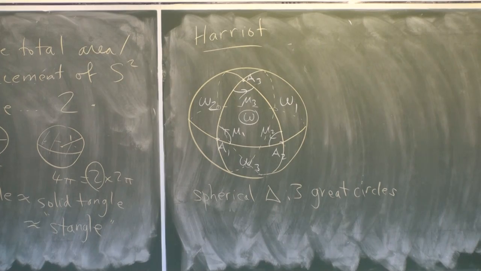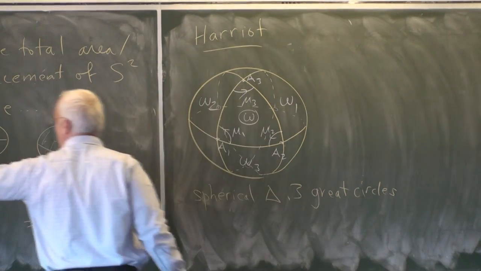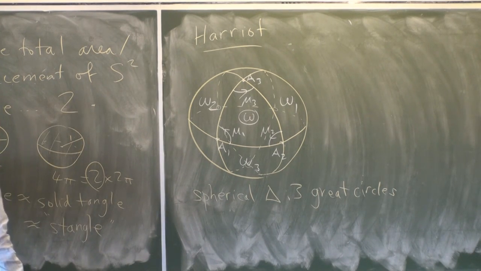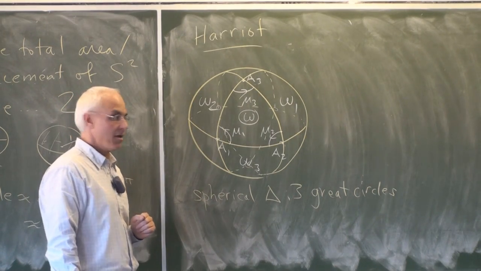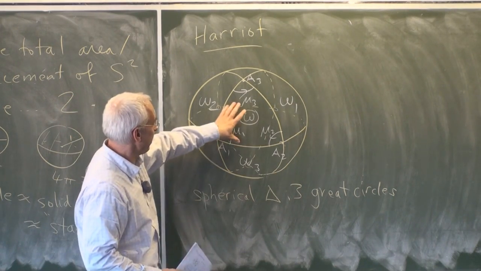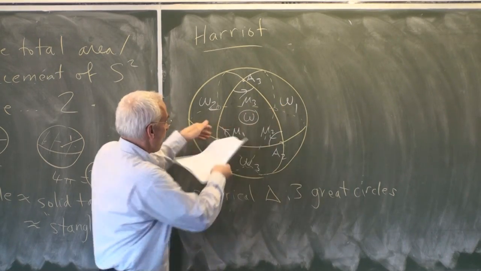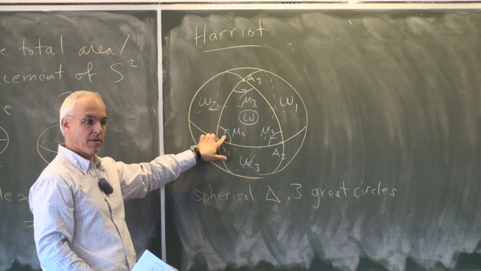Okay, so now what are we going to do? Well, we're just going to use the fact that we know what the solid turn angle of a wedge is. We've got a number of wedges here. The first wedge is the one formed by our triangle and the W1. That's a wedge whose turn angle right there is mu1.